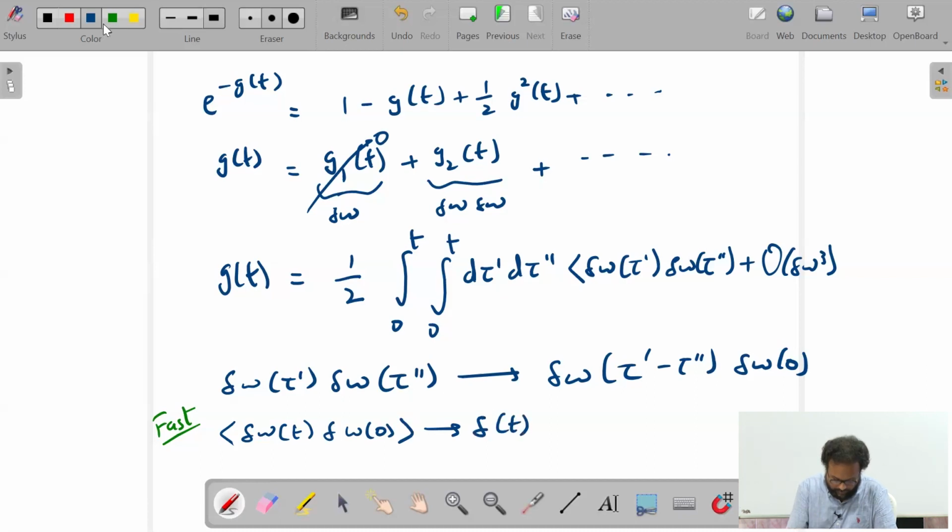If I have slow fluctuations, it's reasonable to consider that this correlation function is going to decay in time in some fashion.